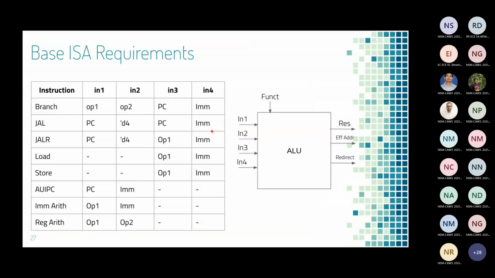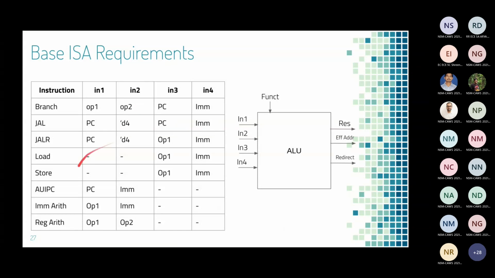So if you were to build a table, with 4 inputs, this is how I'm going to mux the different inputs into the 4 inputs of the ALU. For the branch, the 2 operand comparisons will go through in1 and in2, and in3 and in4 will have PC and immediate. Similarly, for JAL, in1 will have PC and the constant value 4, and in3 will get PC plus immediate, right?